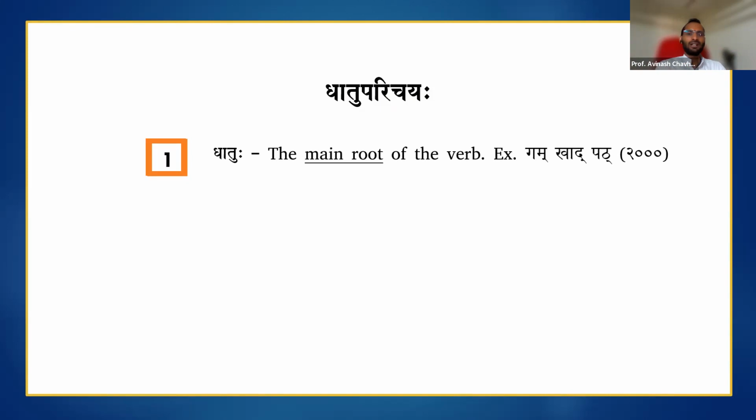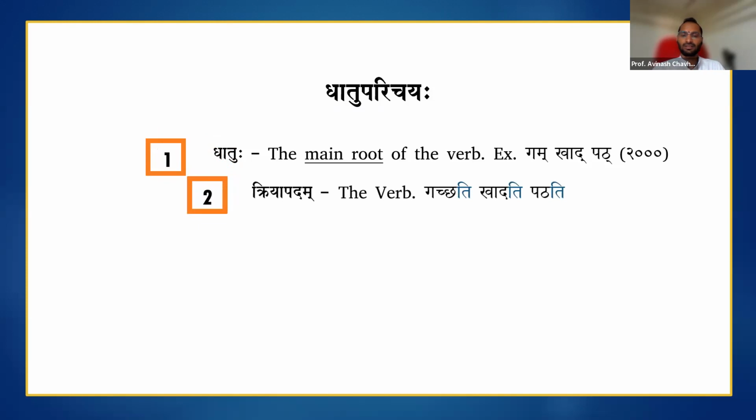To create a verb, there are some roots in Sanskrit. For example, gam is a root, and through this root we make gacchati. So khad is a root, gam is a root, and patha is a root. This is how there are 2000 roots in grammar. Okay? Next.